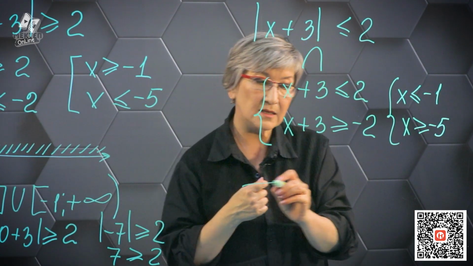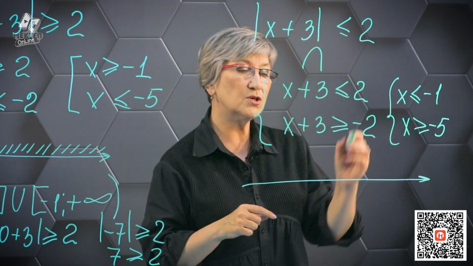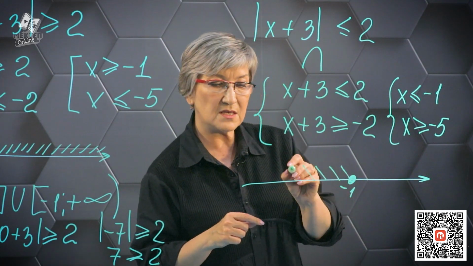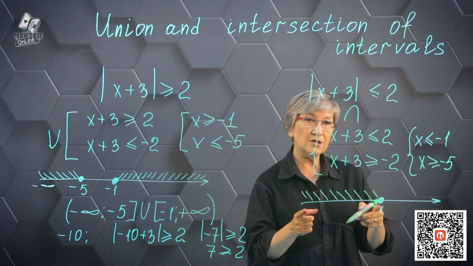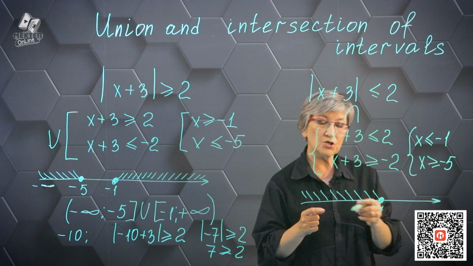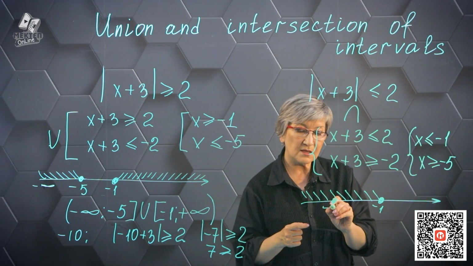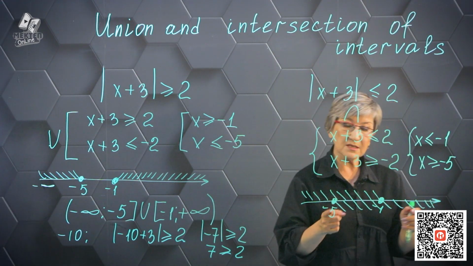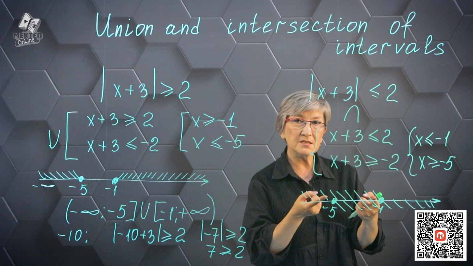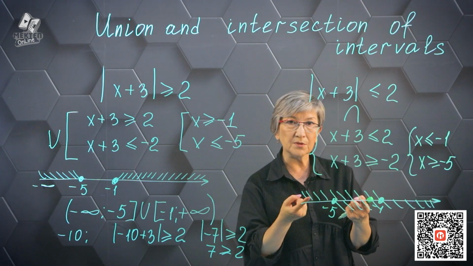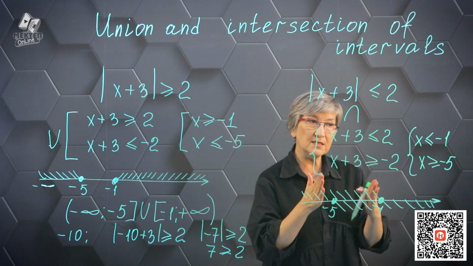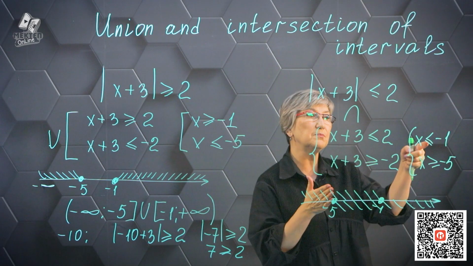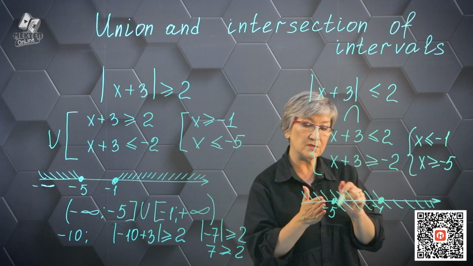And then on the coordinate line, I show the solution. X is less than or equal to minus 1. These are all the numbers less than minus 1. And x is greater than or equal to minus 5. These are all numbers that are greater than minus 5. Notice that I label these intervals like this in order to see where I have an interval where I have numbers that satisfy both the first inequality and the second inequality.